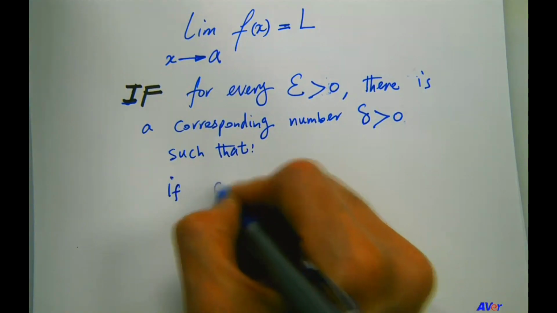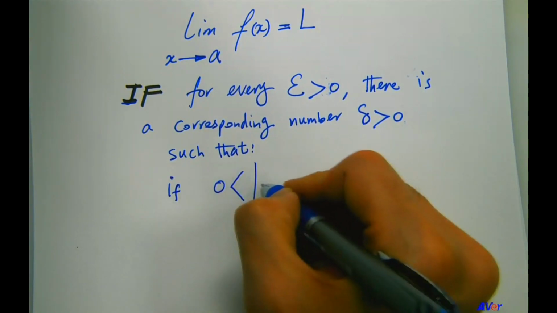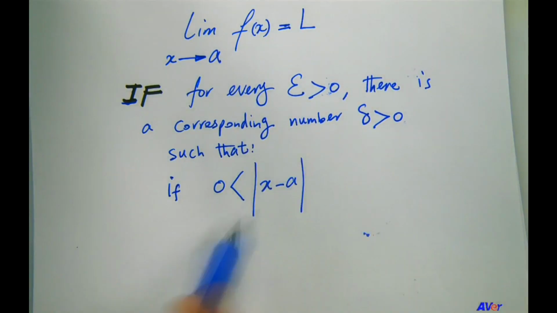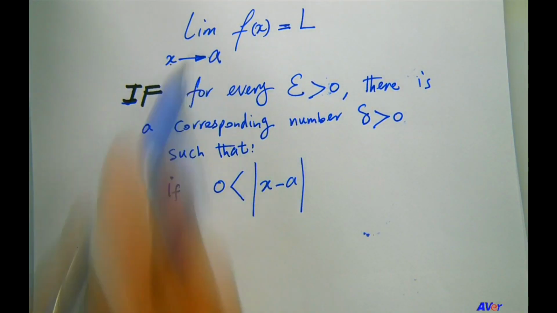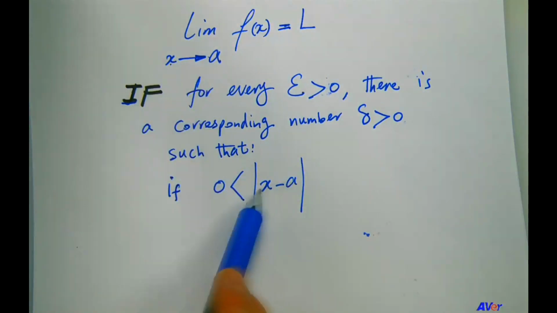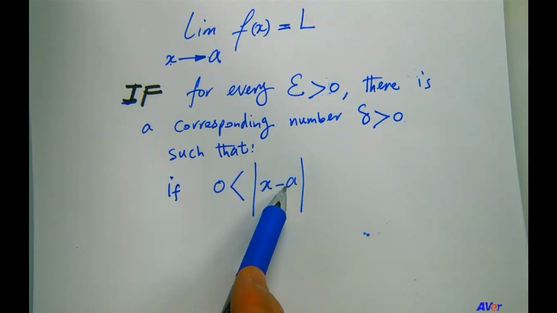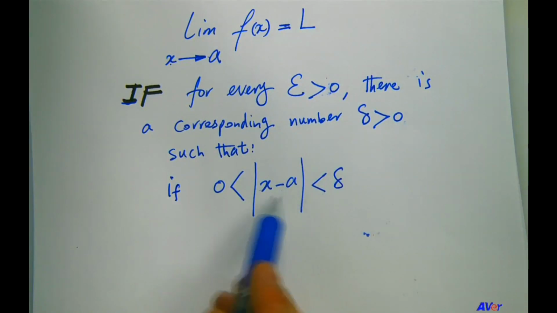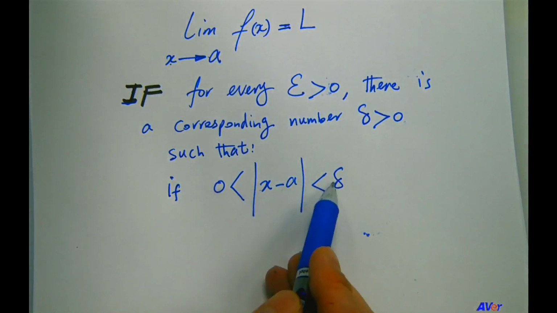delta also greater than 0, such that if the absolute value of x minus a, notice that that's x approaching a, take the absolute value of the difference, is less than delta. So that difference is between 0 and delta.